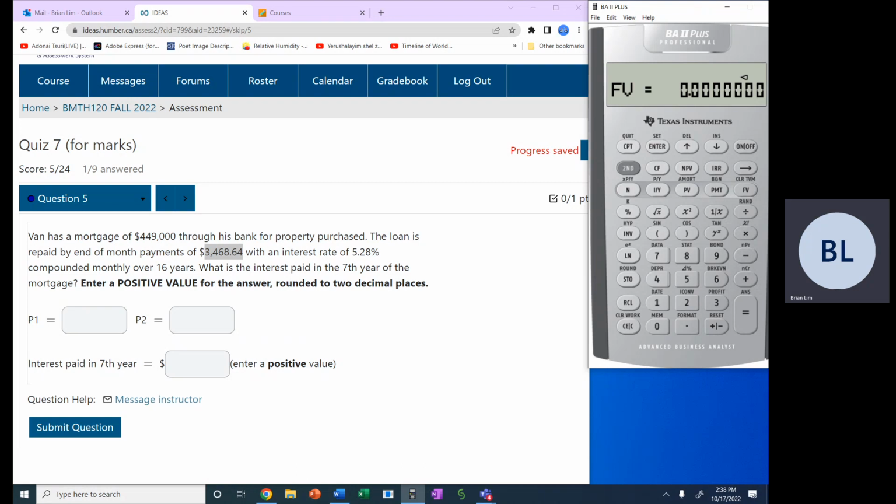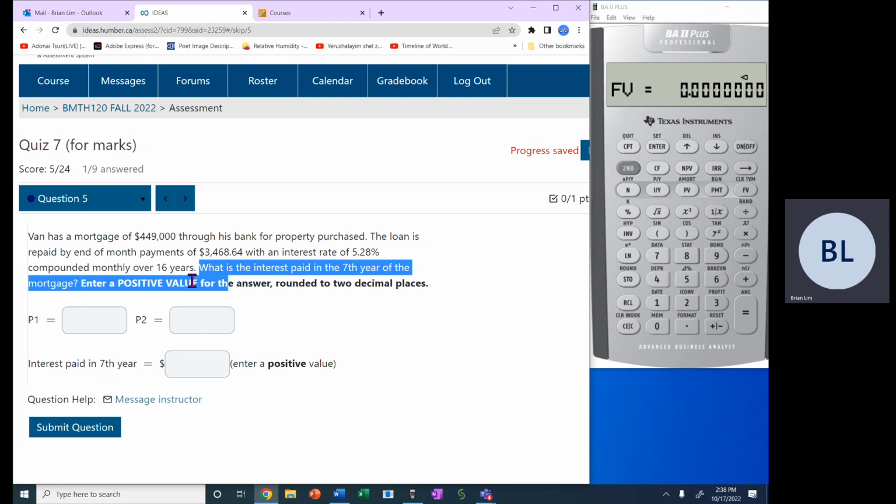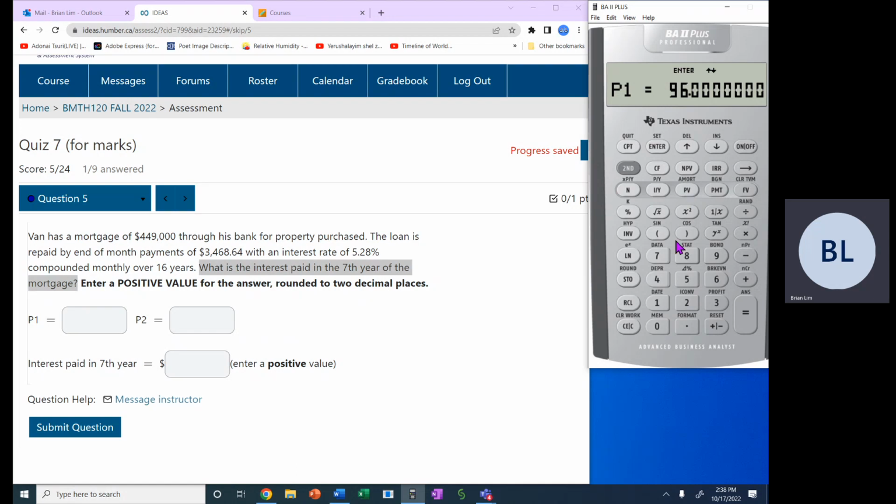Now we can go to the amortization table to calculate the interest paid in the 7th year of the mortgage. We go second PV, and there's the amort just above there. So the calculator has all the values it needs. But now we're talking about the 7th year.